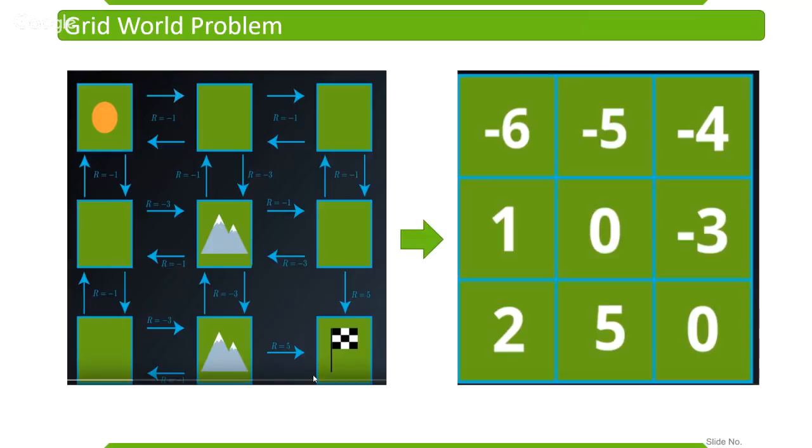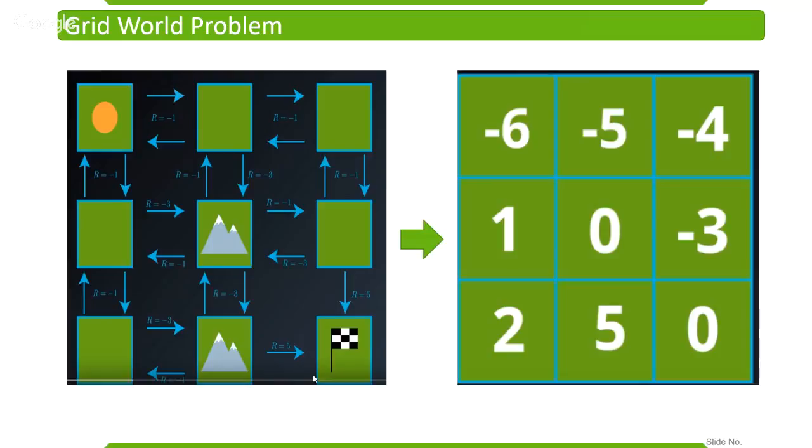If you look at the figure, you can see that the agent is sitting at the topmost left corner, the first grid, and the goal of the agent is to reach the last grid where the flag is.